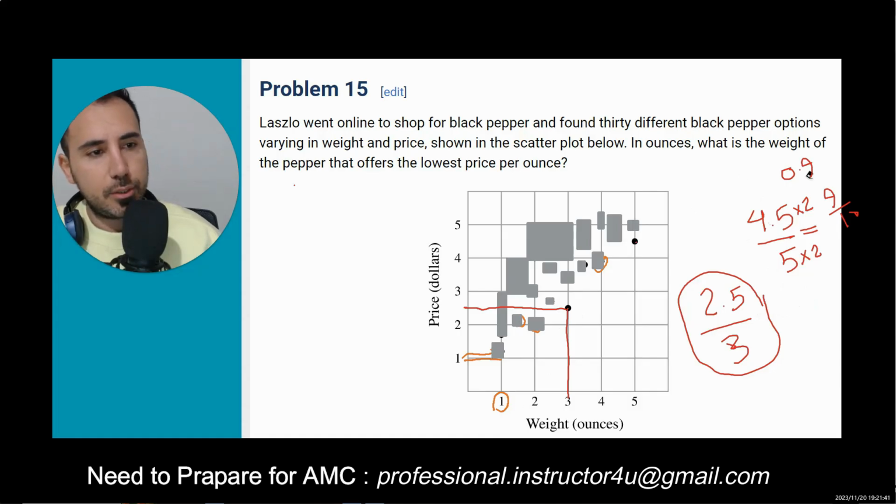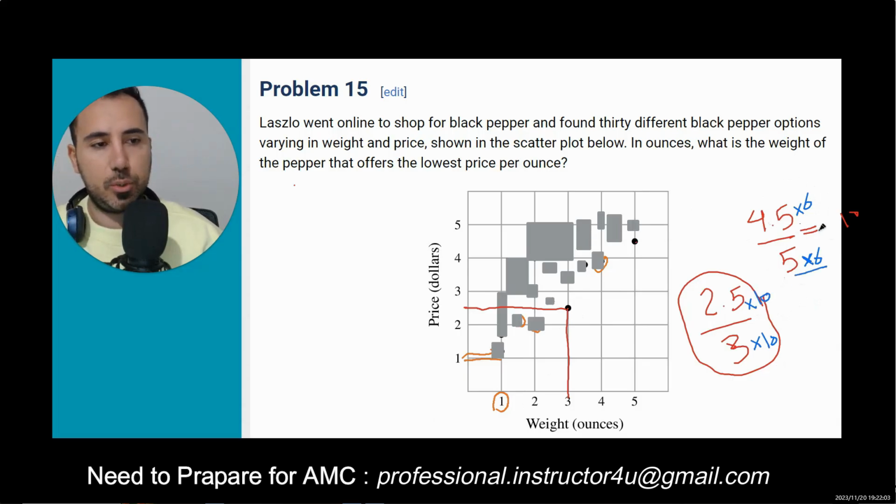But if this is not the way you feel comfortable with, think about these two that we have at the beginning. We have 4.5 and 5. So we multiply both of these by 6, and I multiply both of these by 10. This way, the denominator, both of them will be 30. Let's go with this one, 45 over 5.